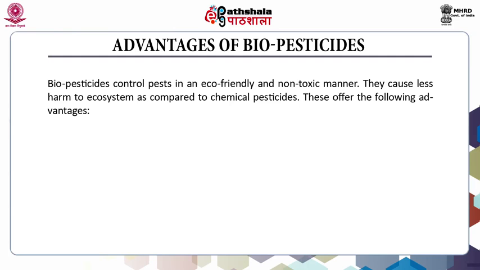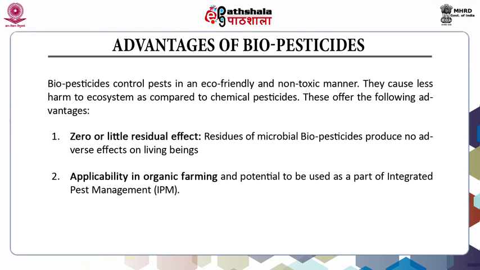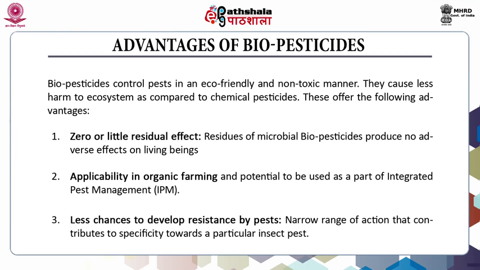They offer the following advantages: they have zero or little residual effect. Residues of microbial biopesticides produce no effect on living beings. Moreover, they are applicable in organic farming and have the potential to be used as a part of integrated pest management. Thereafter, there are fewer chances of pests developing resistance.